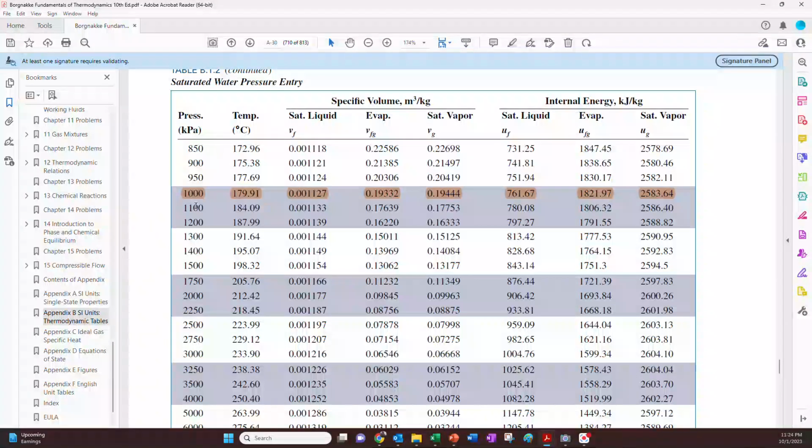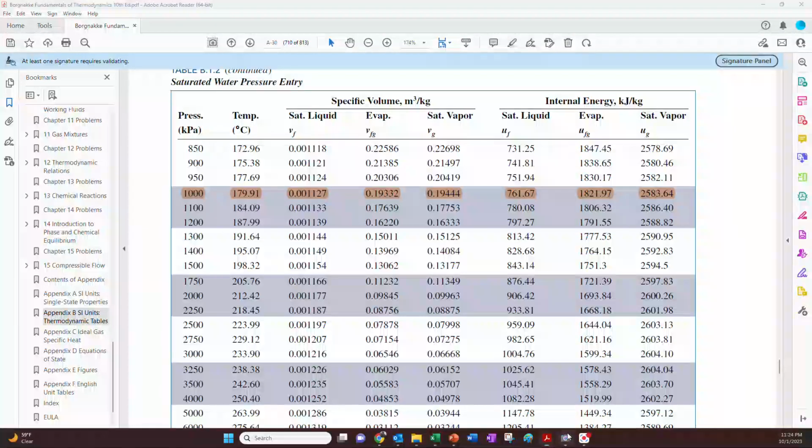Then VF is equal to 0.001127 cubic meters per kilogram, and VFG is 0.19332 cubic meters per kilogram. UF is 761.67 kilojoules per kilogram, and UFG is 1821.97 kilojoules per kilogram.